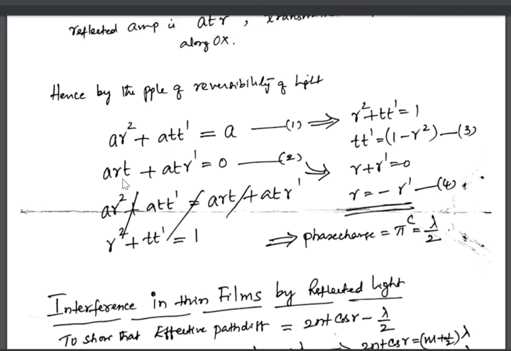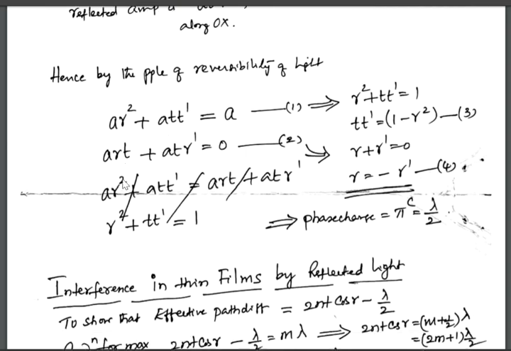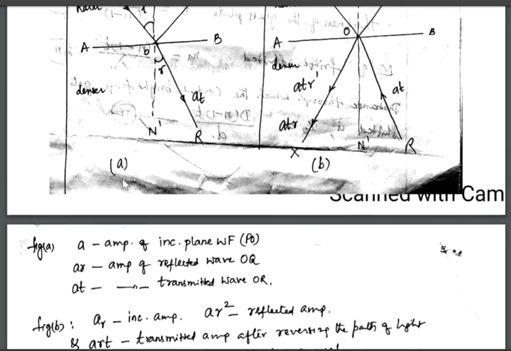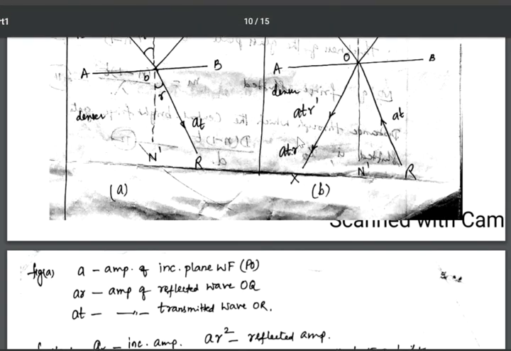And for the transmitted part, ATR plus ATR dash must be equal to 0. Go back to the figure. Here, ATR plus ATR dash must be equal to 0 because there is no reflected wave in the second medium. This sum must be equal to 0.